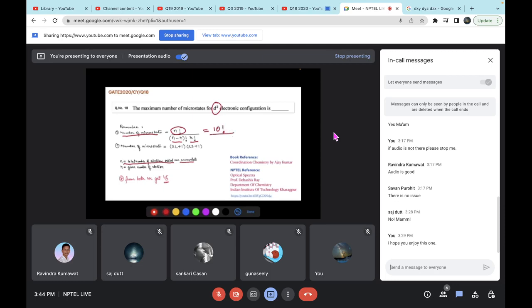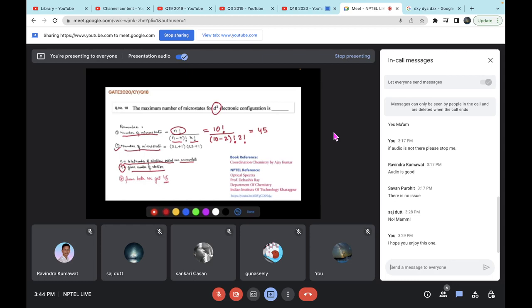So it becomes 10 factorial upon 10 minus r whole factorial, and r is just the given number of electrons, so 2 factorial. This will give me the value 45. This formula gives the number of microstates.